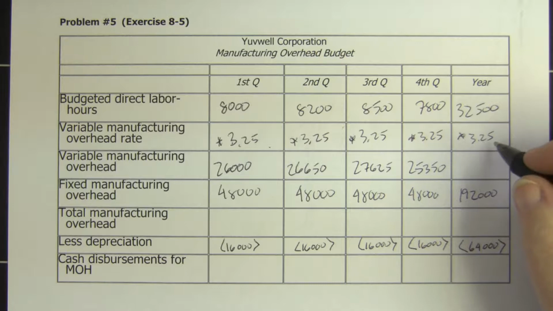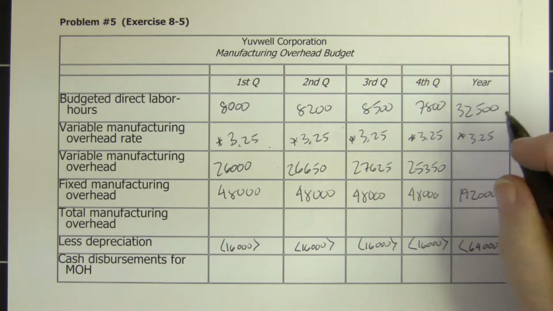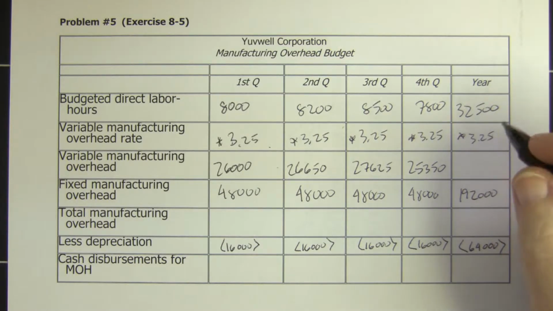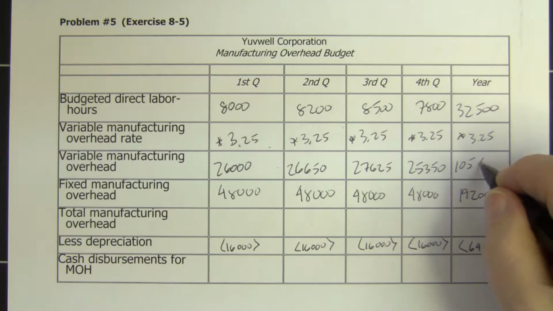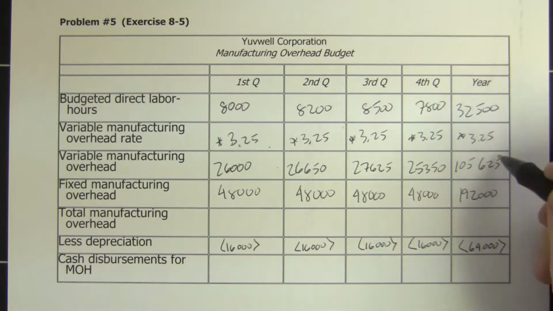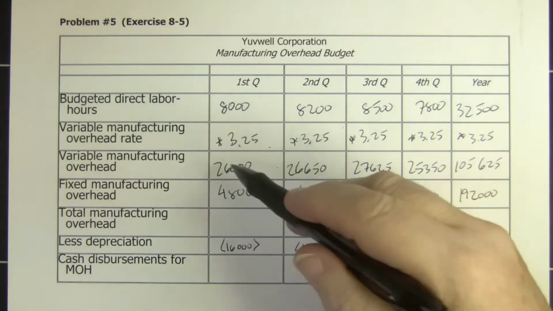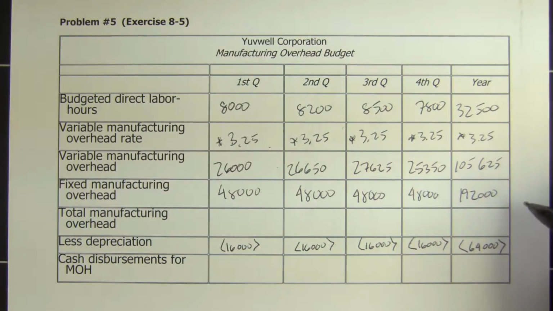Again, Mr. Belt and Suspenders, I'm going to add across, and I'm going to multiply to see if they come up to be the same number, and they do, and that number is $105,625. Multiply that, you'll get that. Add that, you'll get that.